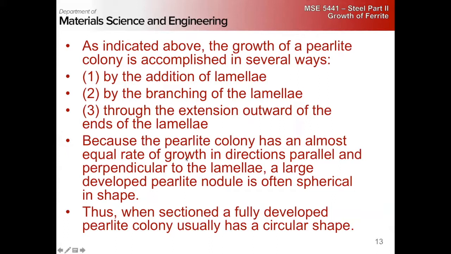So the pearlite colony is going to have almost equal rate of growth in all directions, right? Both perpendicular and parallel to the lamellae. It's largely isotropic growth, and we get a spherical shape, and so therefore when they're sectioned, they will almost always be relatively circular and equiaxed, right?